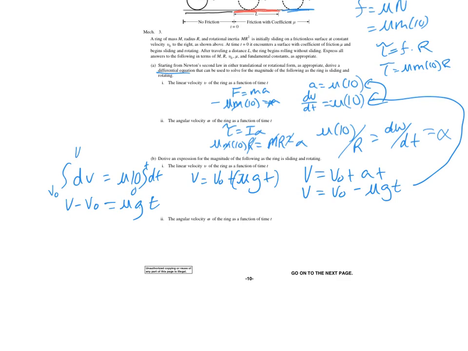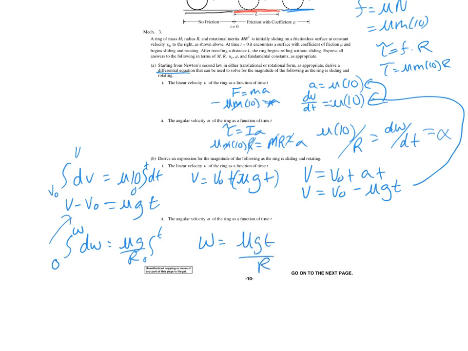Omega works the same way. We could do this with the omegas. The difference is that you start with an omega of 0, so it'd be 0 to omega of d omega equals mu g over r, integrated from 0 to t. And so basically this one just ends up being omega is equal to mu g t over r.